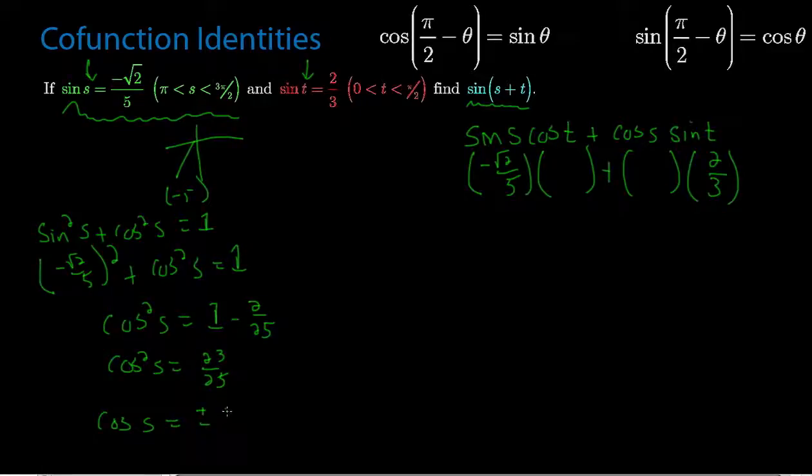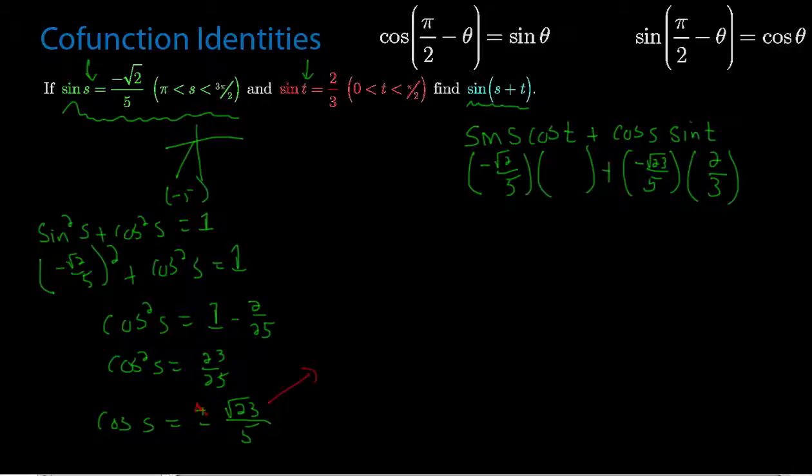The square root of 23 doesn't simplify, but the square root of 25 is 5. And I know that since I'm in quadrant 3 and that both the x and the y have to be negative, my positive version is no good, so I'll cross that out and take this cosine s equals negative root 23 over 5 and put it up there. Cosine s, negative root 23 over 5.